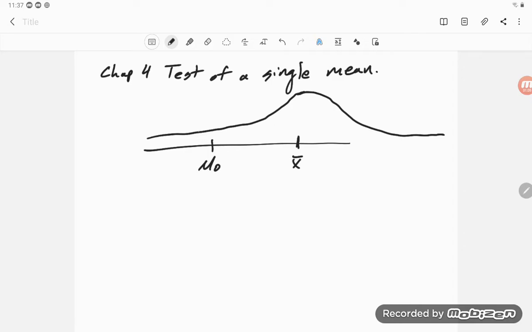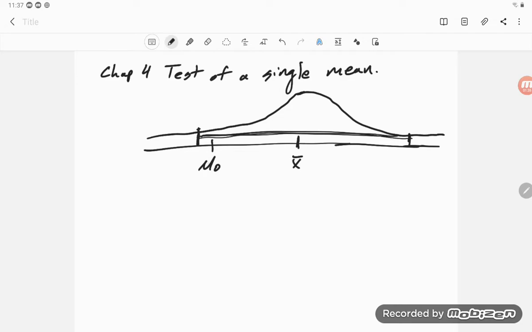And if the confidence interval, say a 95% confidence interval, is this big and therefore would include the hypothesized mu zero, then sure, that hypothesized mu zero could be the mean. Even if it's not there, it could be, but the chances are less.